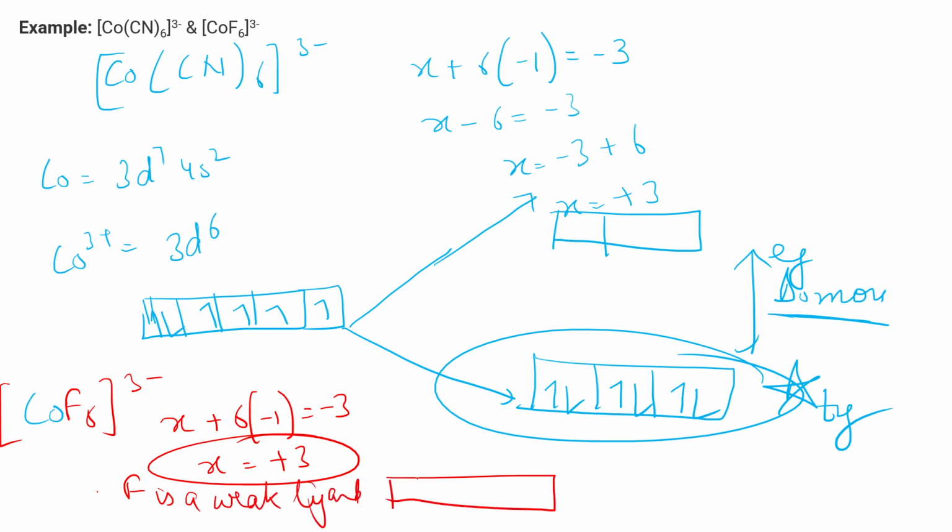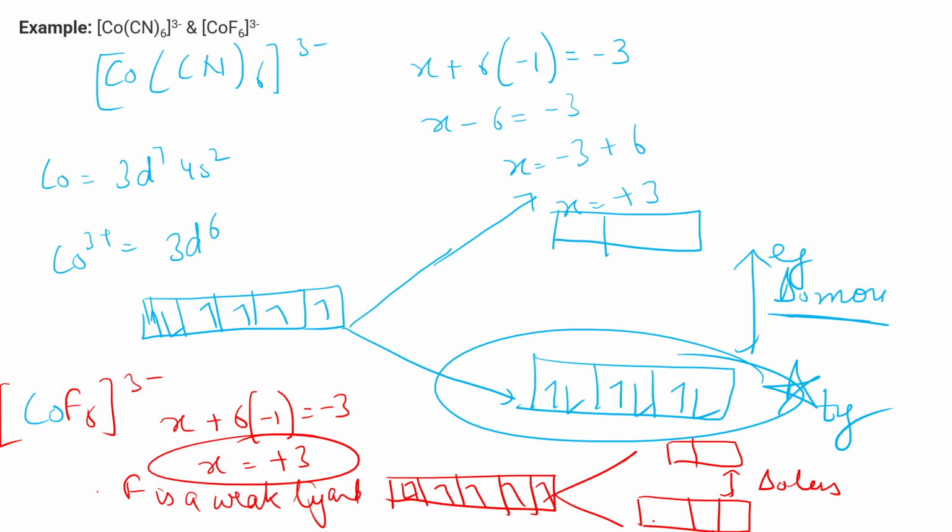So the filling of 6 electrons will be like 1, 2, 3, 4, 5, 6. When splitting occurs, delta naught is less. So the filling of electrons will be 1, 2, 3, 4, 5, 6. First, all the orbitals will be filled singly.